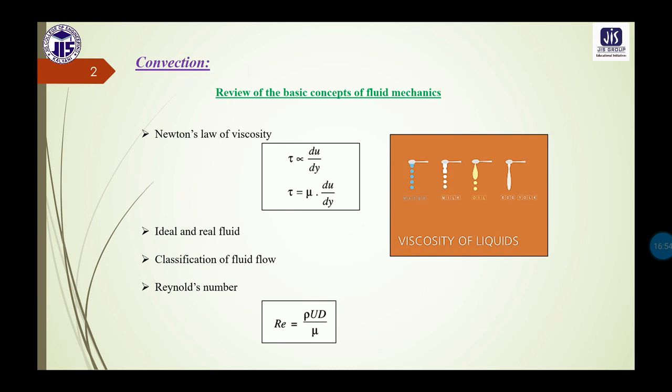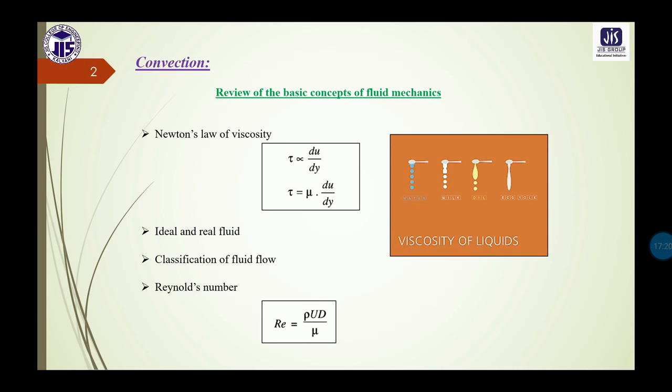Now what is the value of this Reynolds number based on which we can say that the flow is laminar or turbulent? Reynolds has seen that when this Reynolds number, rho ud by mu, is less than 2000, or in some cases 2200, then the flow is laminar or viscous.